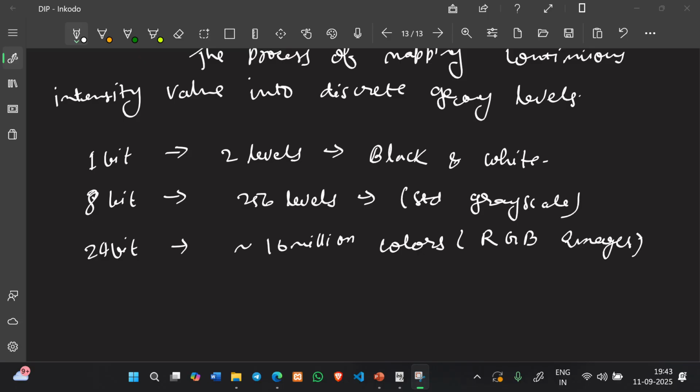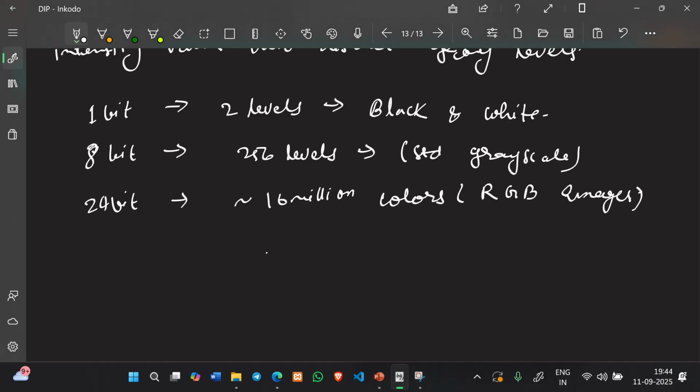For example, a striped shirt in a photo may produce weird patterns when downsampled. The solution is to sample above the Nyquist rate, so fs should be greater than or equal to 2 fmax.